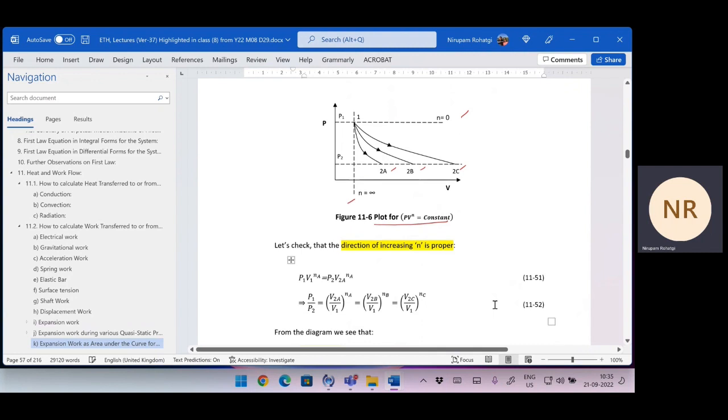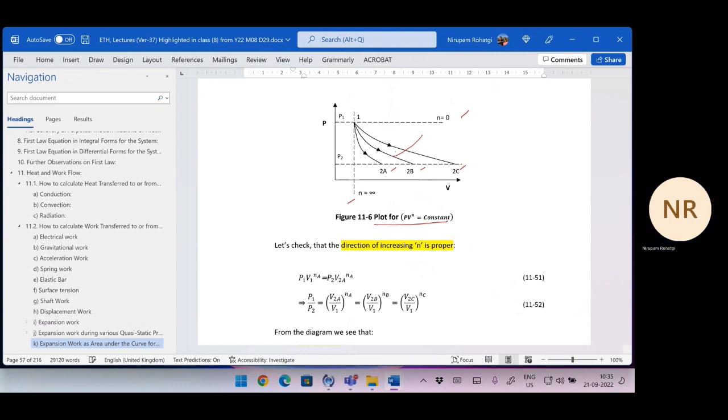You can see that n is increasing like this, from n = 0 to n = infinity. So n for curve C will be smaller than B, that will be smaller than A, and A is smaller than the vertical line. Okay, this is how.